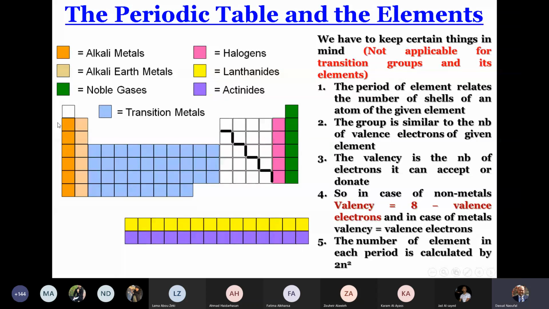We have 8 elements in level 2: 1, 2, 3, 4, 5, 6, 7, 8. In level 3, for n equal 3, 3 to the power 2 is 9, 9 times 2 is 18.